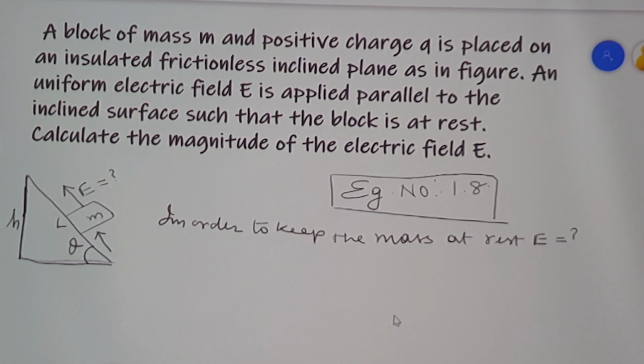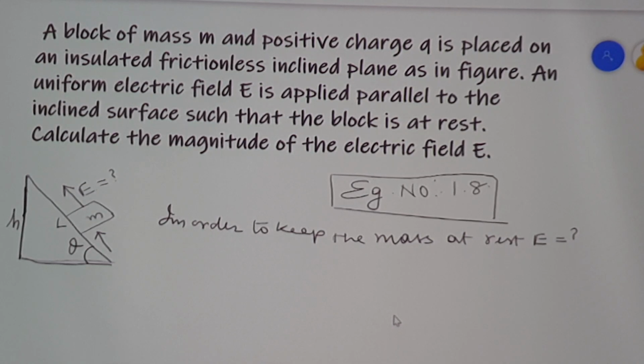So, by using this, we have to calculate the value of this electrical field E, in order to keep this mass at rest position. So that is what I have started to write. In order to keep the mass at rest, what is the electrical field E?